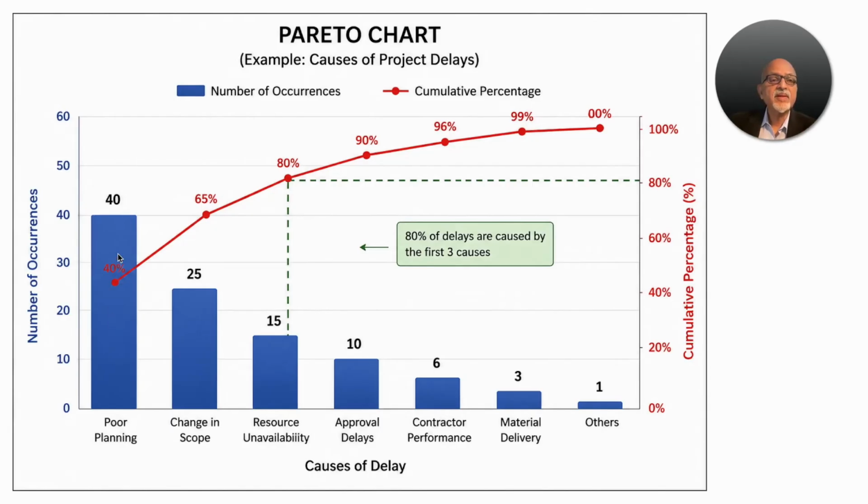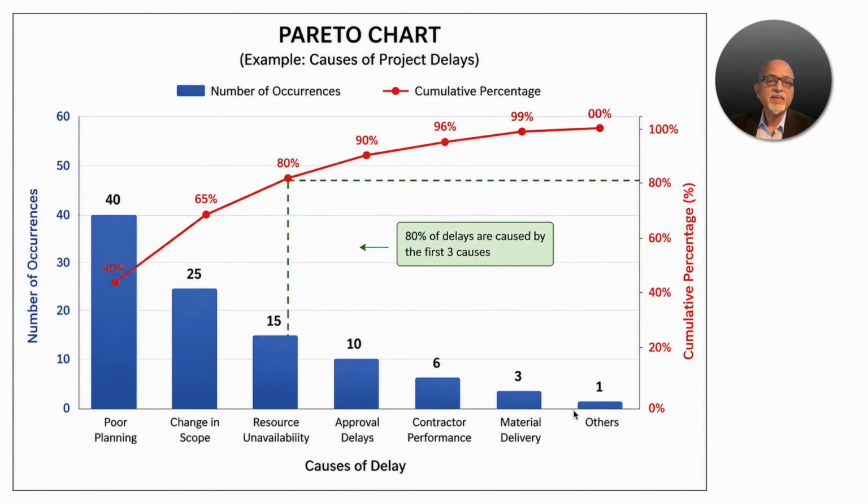Because of poor planning, we are getting around 40 occurrences, change of scope, 25 occurrences, resource unavailability, 15 occurrences, approval delays, 10 occurrences, contractor performance, 6 occurrences, material delivery, 3, and others, only 1.